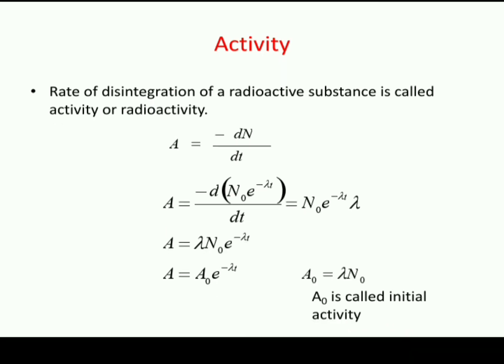We are left with this relation: A is equal to lambda N naught e power minus lambda T, or capital A is equal to A naught e to the power minus lambda T, where A naught is called the initial activity, which is lambda into the initial number of radioactive nuclides, that is N naught.